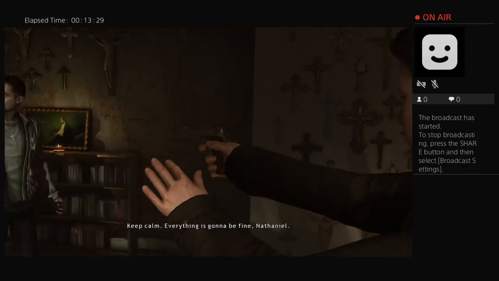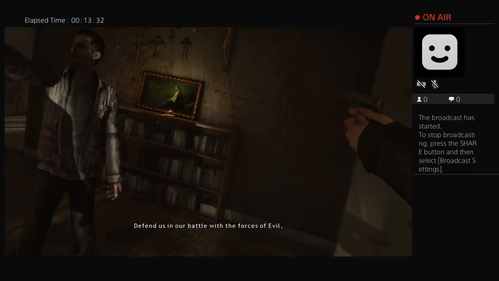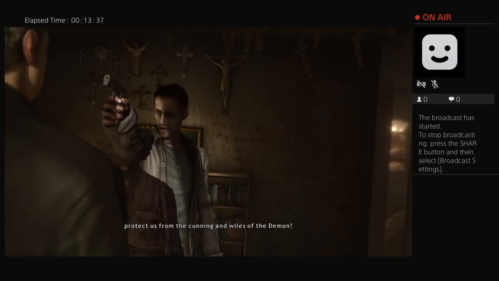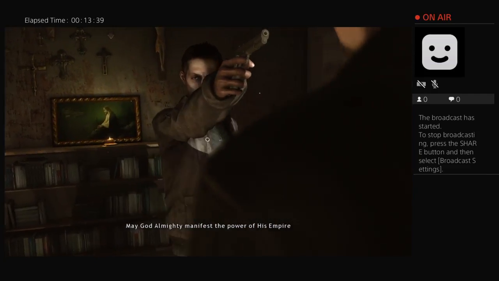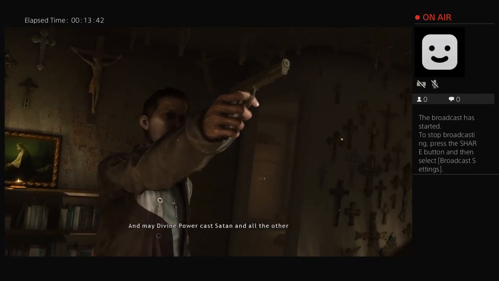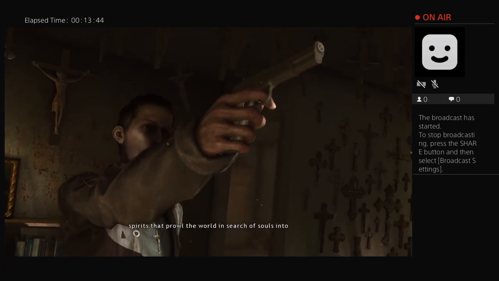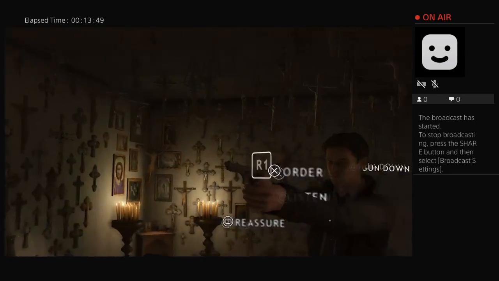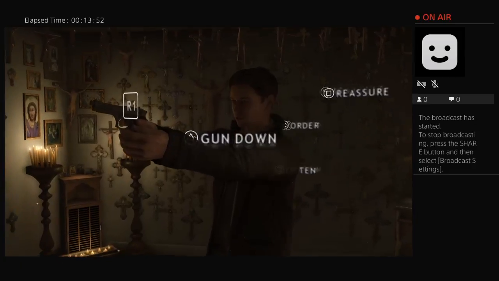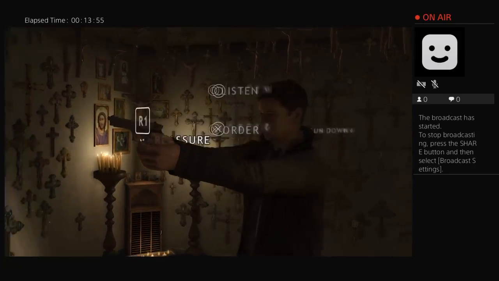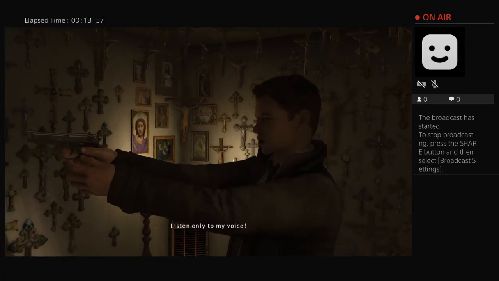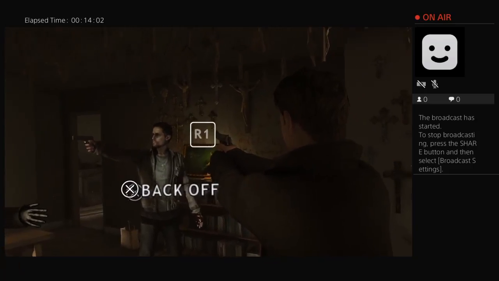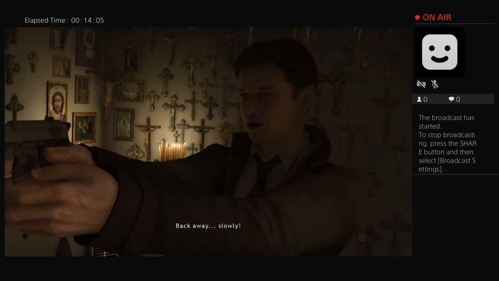Keep calm. Everything is going to be fine, Nathaniel. Christ all-powerful, defend us in our battle with the forces of evil. Protect us from the cunning and wiles of the demon. May God Almighty manifest the power of his empire, and may divine power cast Satan and all the other spirits that prowl the world in search of souls into the darkest depths of hell. Concentrate on my voice, Nathaniel. Listen only to my voice. Back away, slowly.